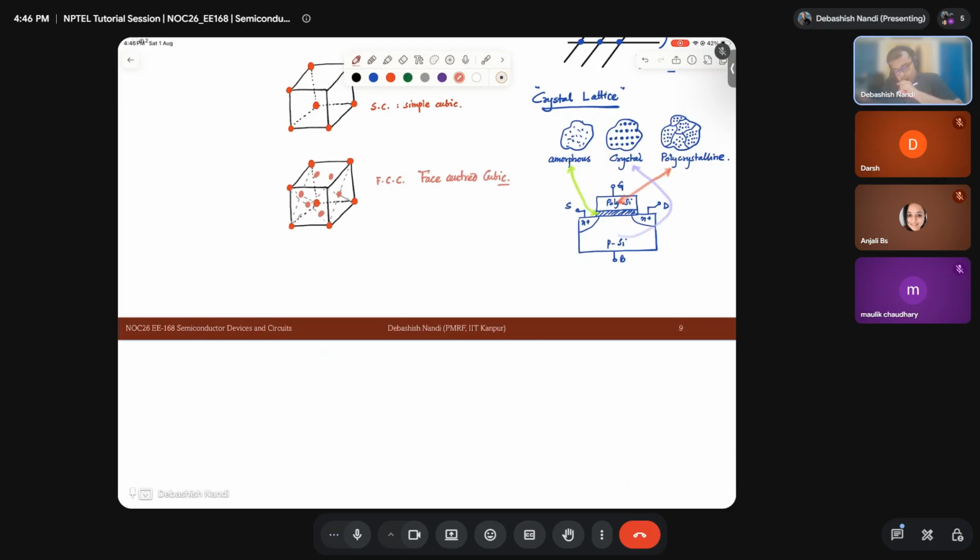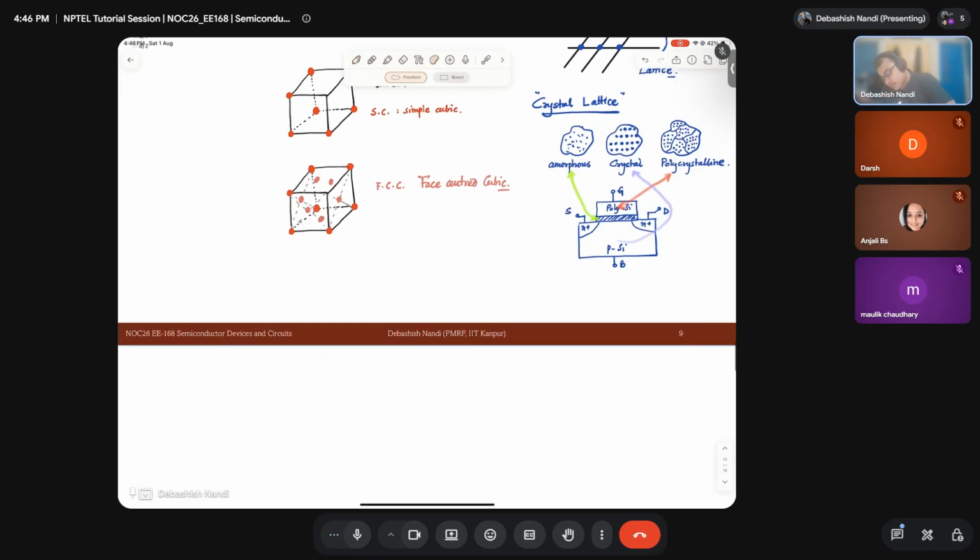Then there is another class in the cubic genre where you have these eight atoms sitting at the corner and one atom sitting at the midpoint of the body diagonal.